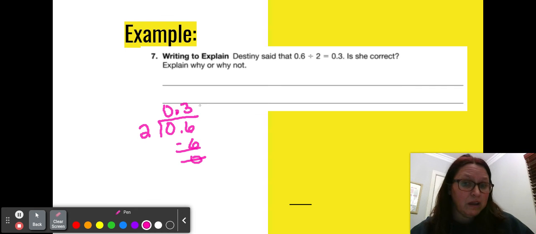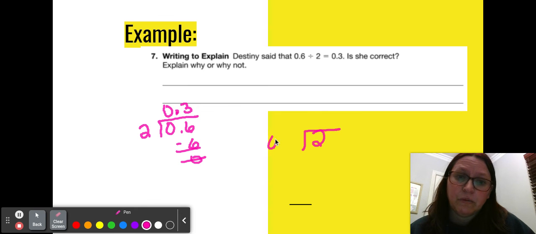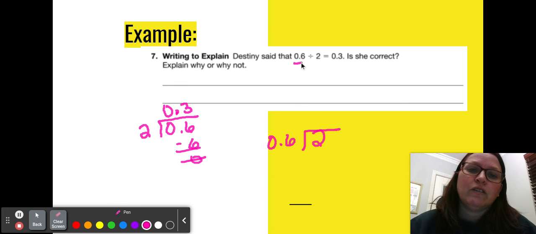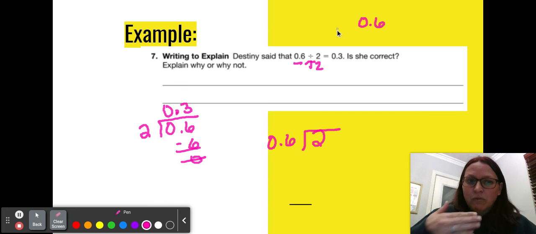She divided it correctly. If I had done 2 divided by 0.6, which is totally a different way to write the problem. One thing I noticed is if it says 0.6 divided by 2, I always put 0.6 first. I write it the way I say it.